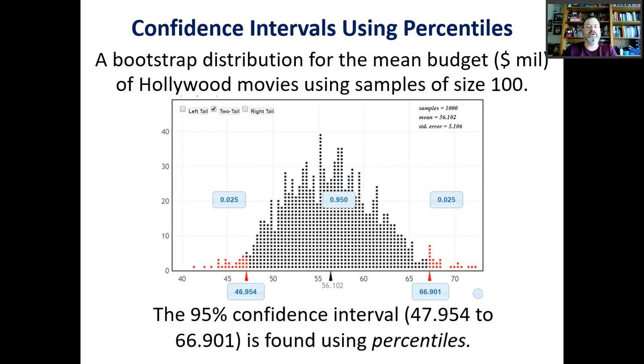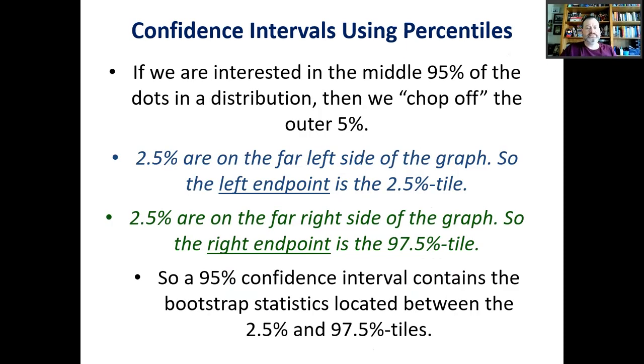If you look at the picture, StatKey just counts the middle, in this case 950 dots. Anything on the outside is turned red, it just gets chopped off. So the interval is the boundary between the red dot and neighboring black dot on the left, and red dot and neighboring black dot on the right. And so 2.5% of our dots are on the far left of the graph, so the left endpoint is the 2.5 percentile, right?